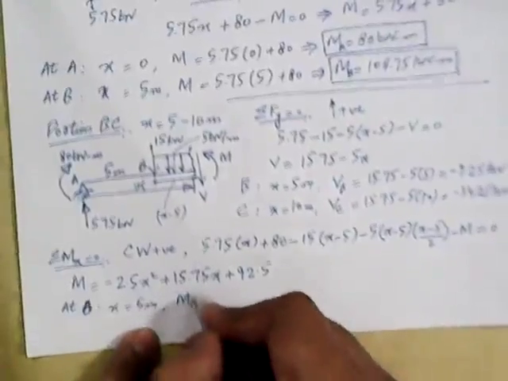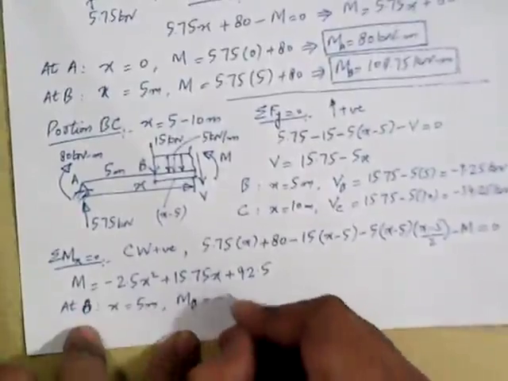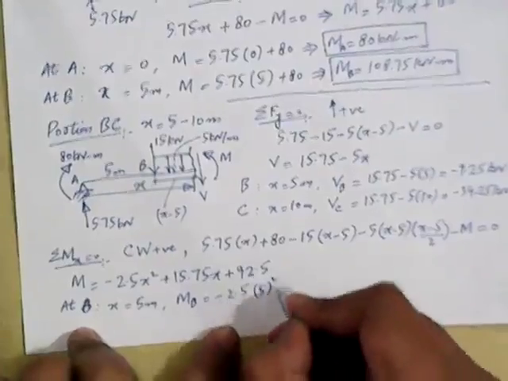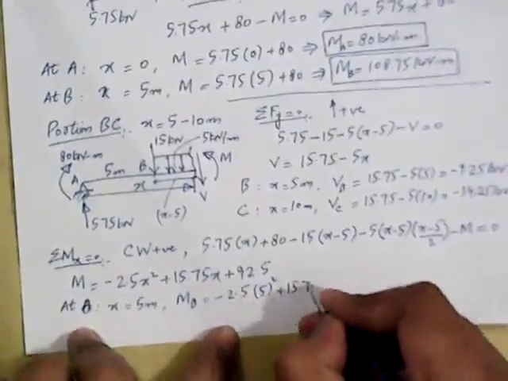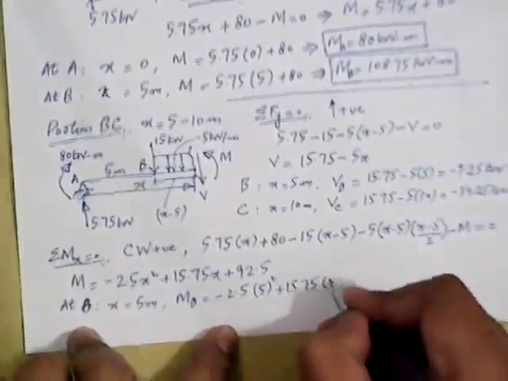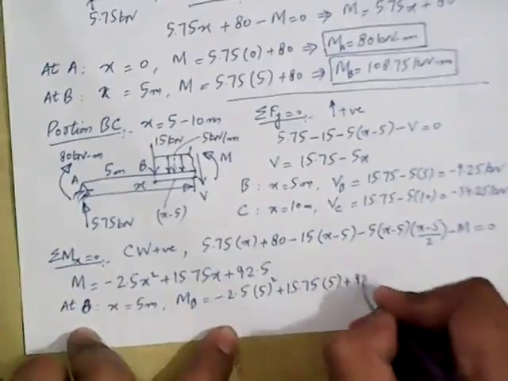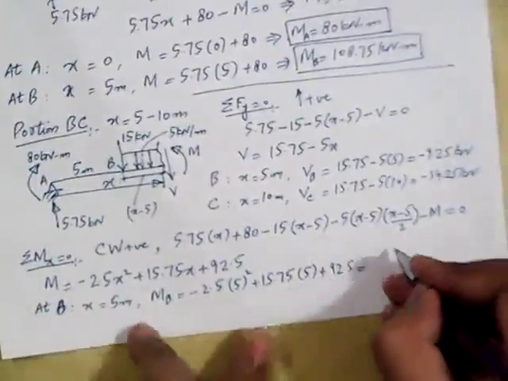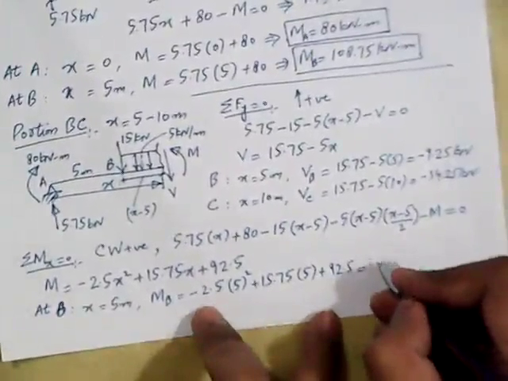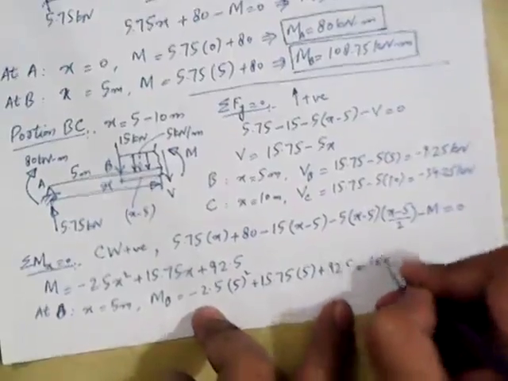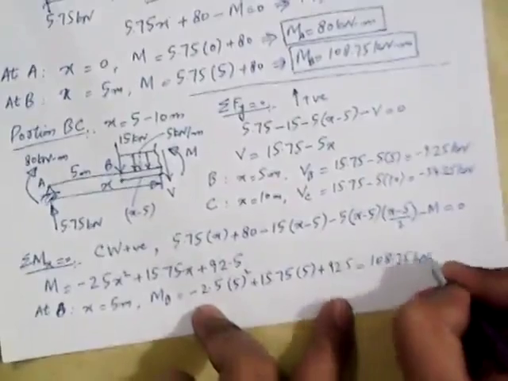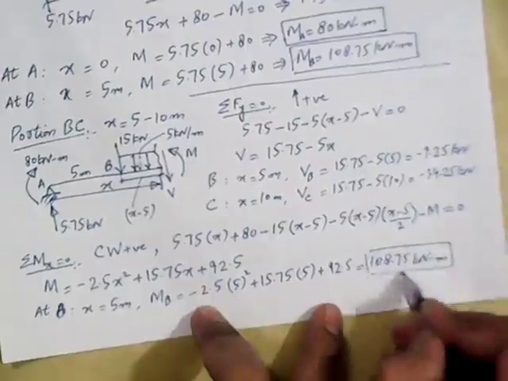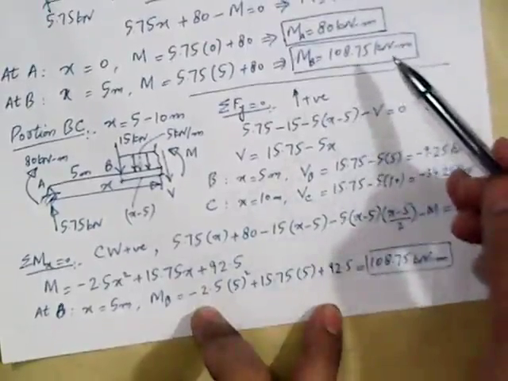So M at B will be equal to minus 2.5 into 5 square plus 15.75 into 5 plus 92.5. And if we solve this, we will get M is equal to 108.75 kilonewton meter. And this value of M is exactly equal to the value of M that we got from portion AB.